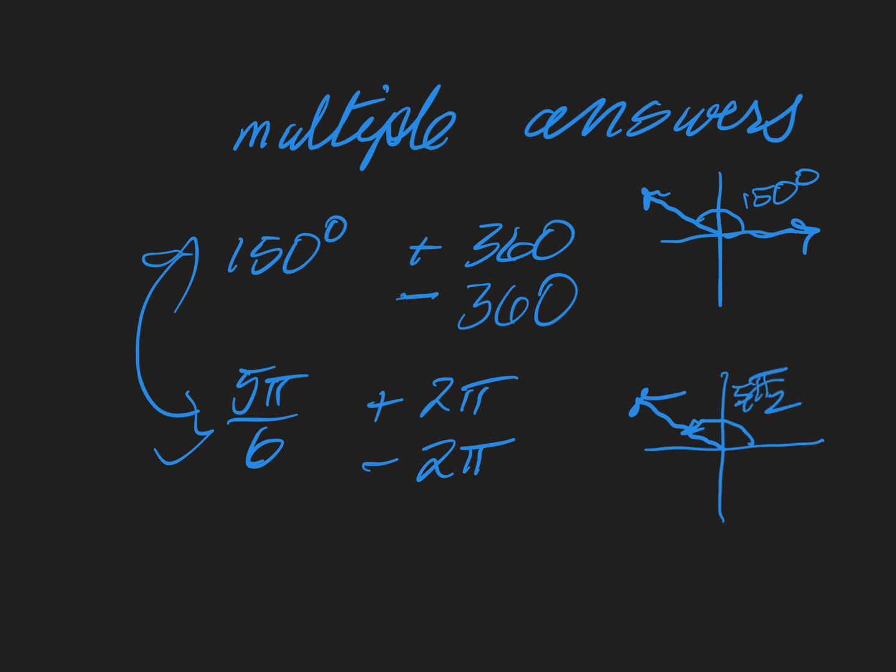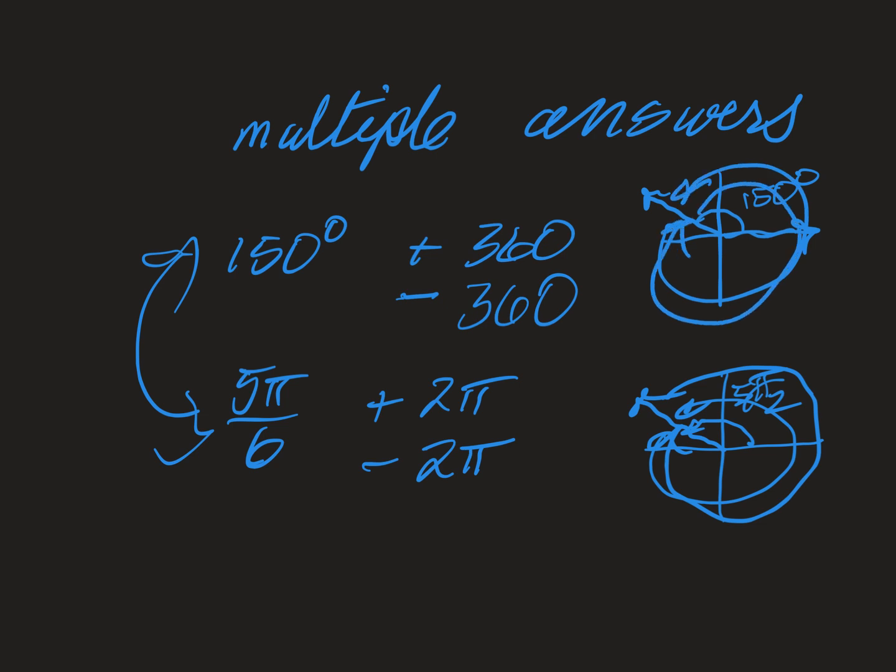So there we go. And then you can think, add 2 pi, that'll get you right back. Subtract 2 pi, right? Add 360, subtract 360, and that gets you right to where you want to go. And if you do that, then you're going to really understand these problems.